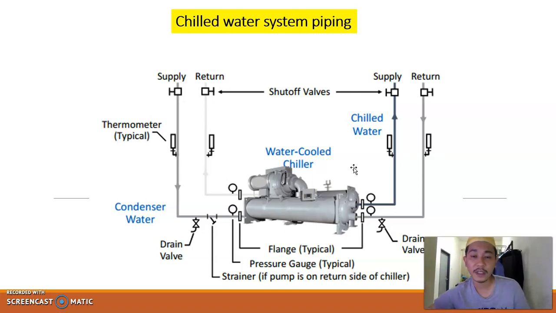It is obviously different because in a split unit system you are using only refrigerant and only copper pipe. The next study I will show you is the piping system on the maintenance sites.